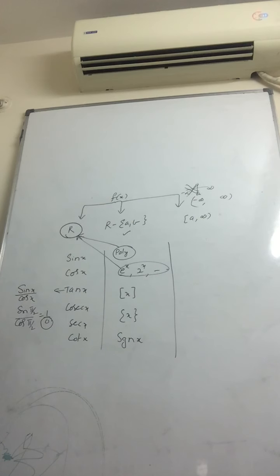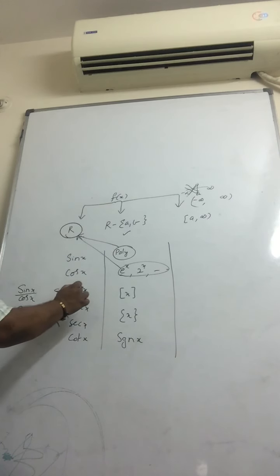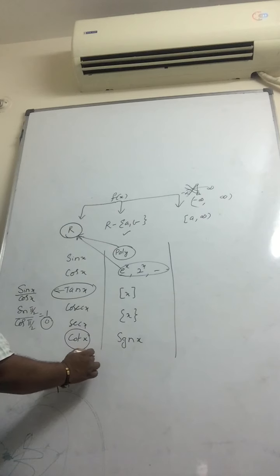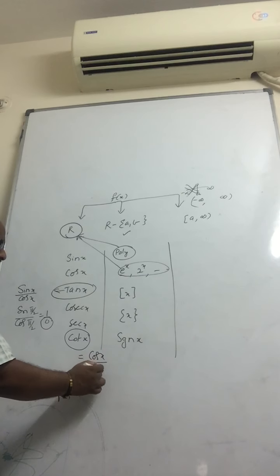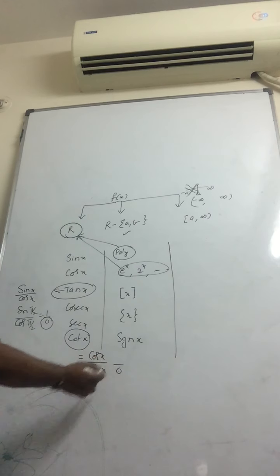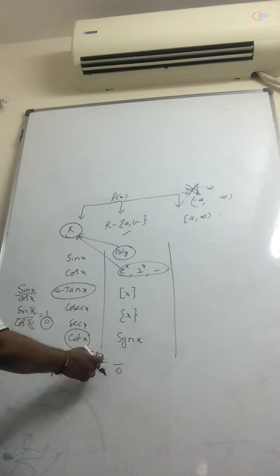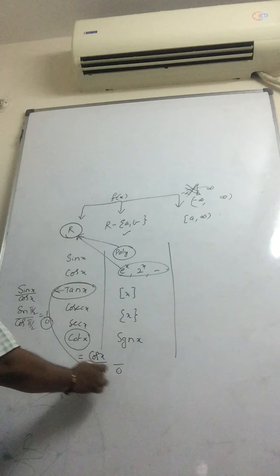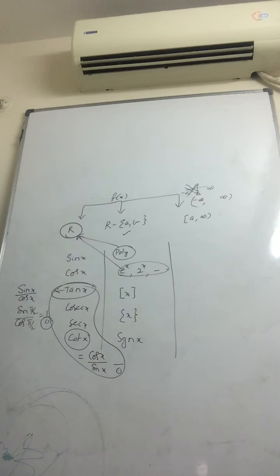So for one value it is not defined, I cannot consider the domain of tan x as real numbers. In a similar way, cot, if you take cos by sine, once you put x as 0, the denominator becomes 0. Once the denominator is 0, for that x the function has no value. So for all these functions I cannot say the domain is real numbers.